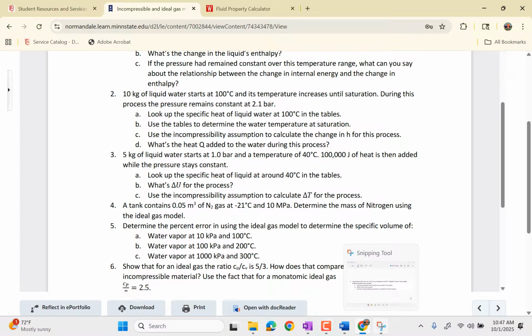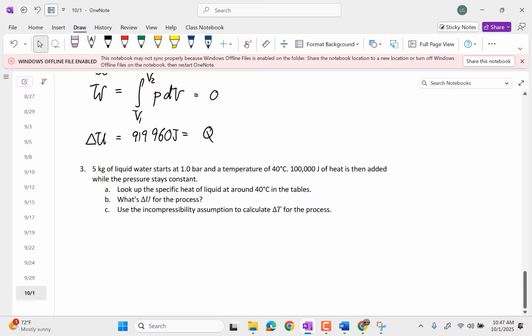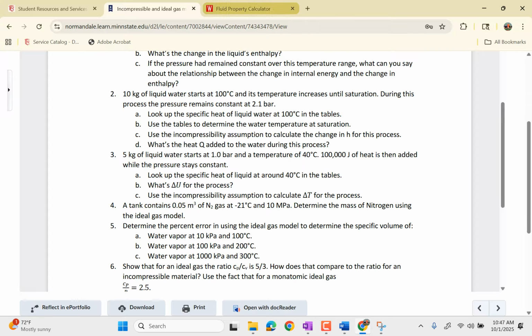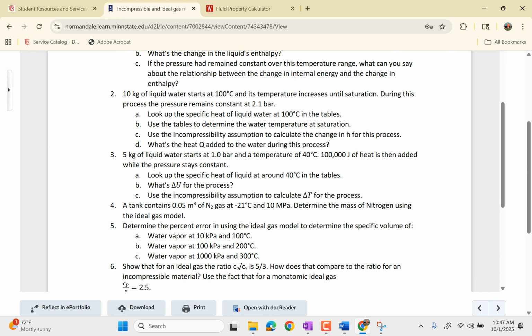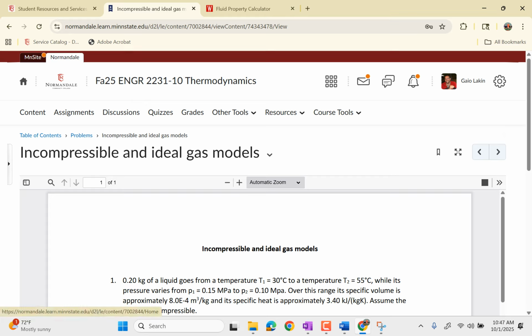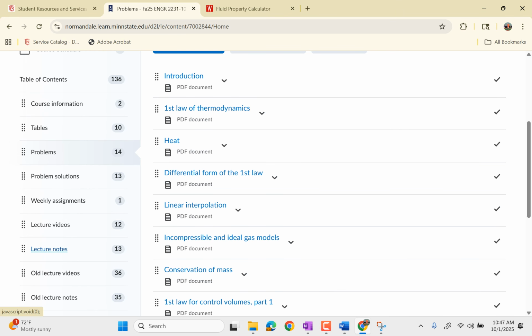So this is water at 40 degrees Celsius. So we have to go back to the table that'll tell us that specific heat. Like I said, you can pretty much always just use the same one. They don't vary very much.